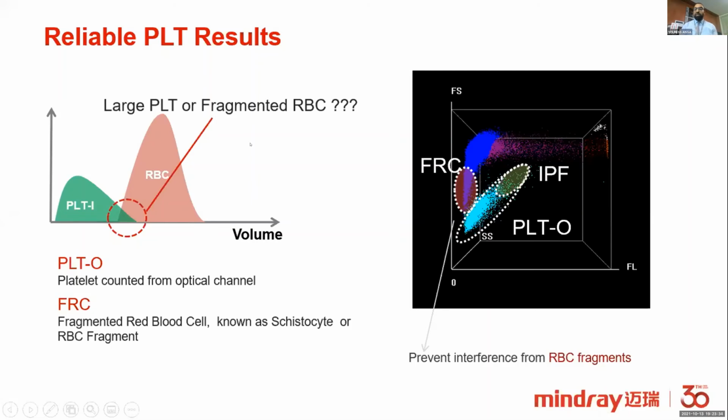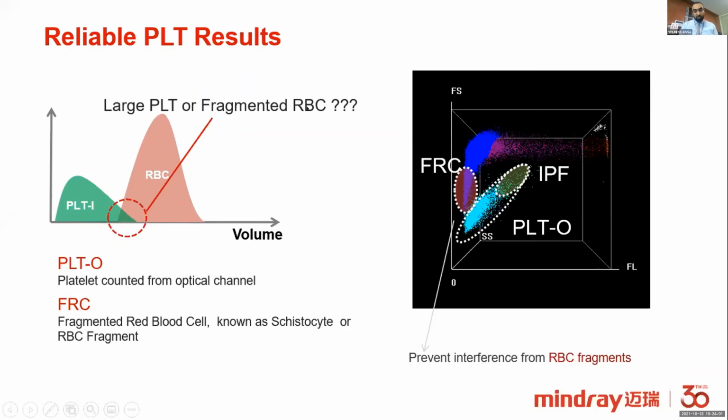If we base only on size, we cannot know if it's a large platelet or a fragmented RBC, or sometimes an aggregation of two, three, five platelets, or only a small RBC. So with this technology we cannot have a good result, and we will report a false result.